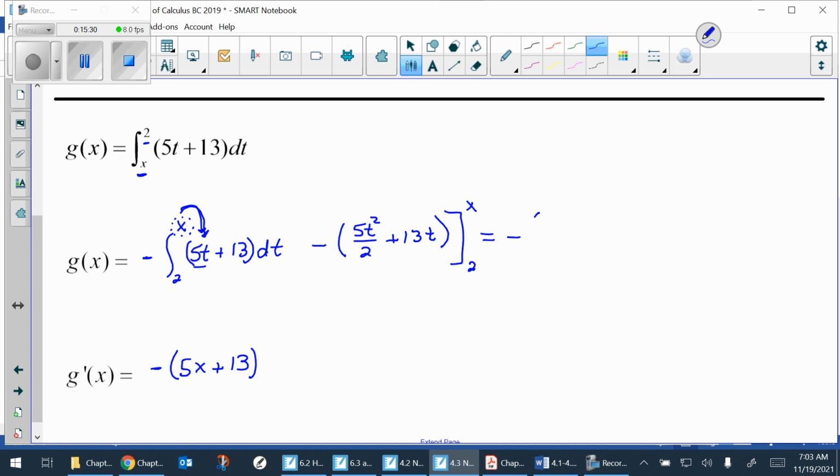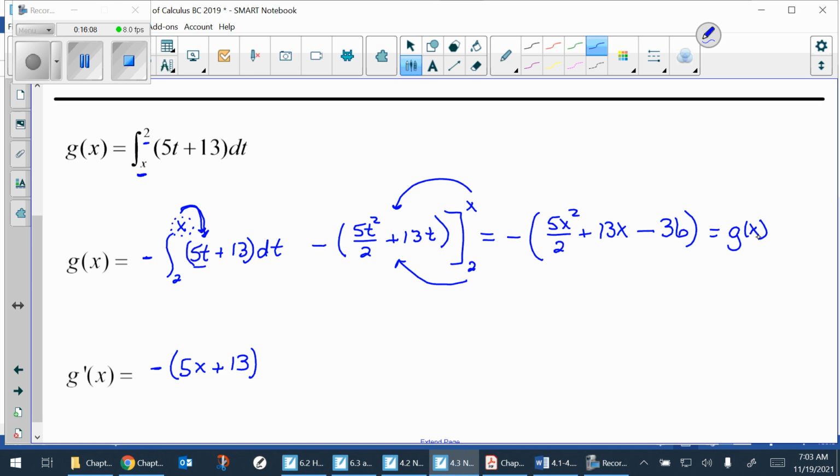And so we're going to have the opposite of 5x squared over 2 plus 13x, minus whatever I get when I put a 2 in here. If I put a 2 in here, I think I get 20 over 2, so I got 10. 10 plus 26 is 36. So that is what g of x is.